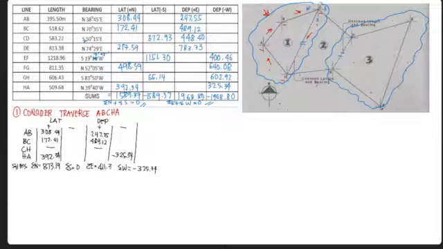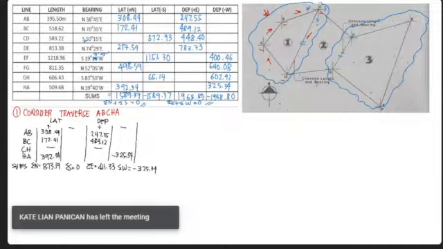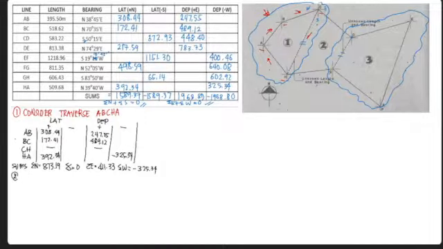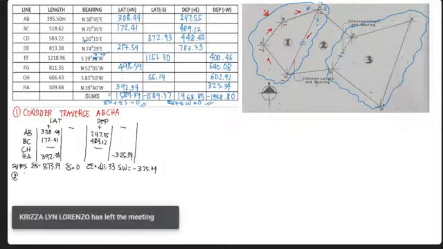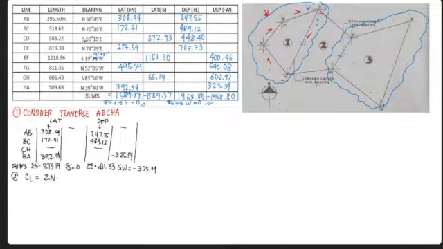So, okay. So, earlier we said the next thing is to get our CL or our latitude. So, summation of north plus summation of south.